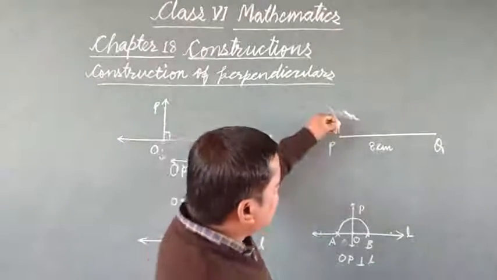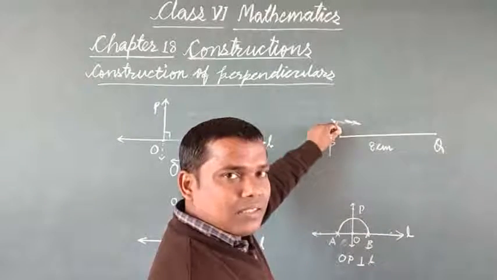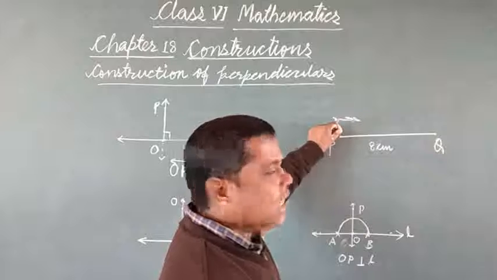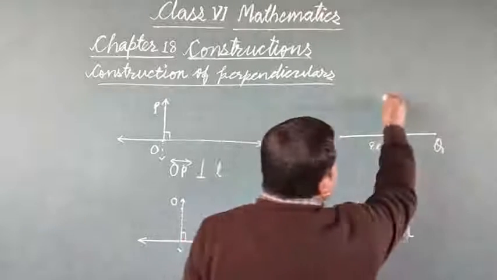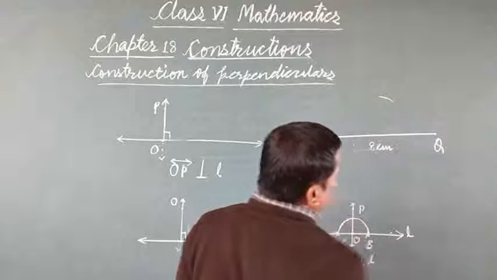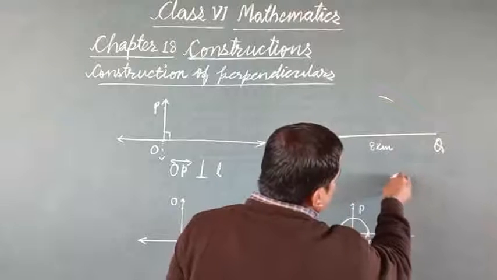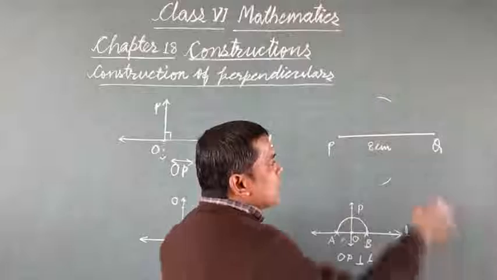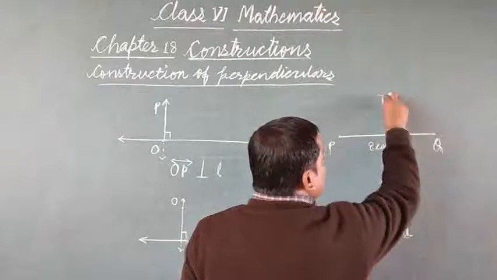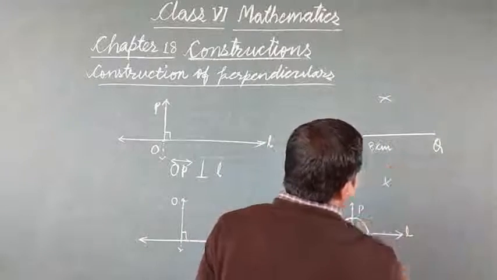We take point P as center and draw an arc of 6 centimeter or 5 centimeter radius, this side and this side also. Again with the same radius, taking point Q as center, we draw arcs this side and this side.